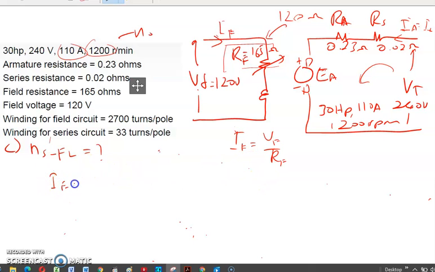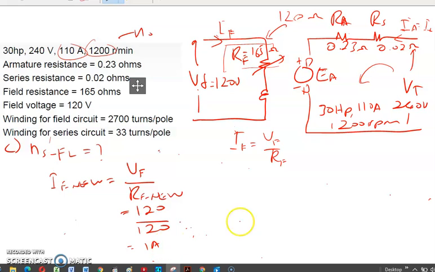So IF new is equal to VF over RF new, V is still the same, divided by RF new, which is 120 divided by 120, so we get 1 ampere actually.